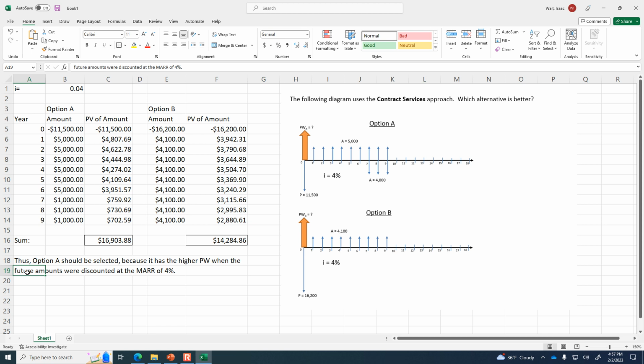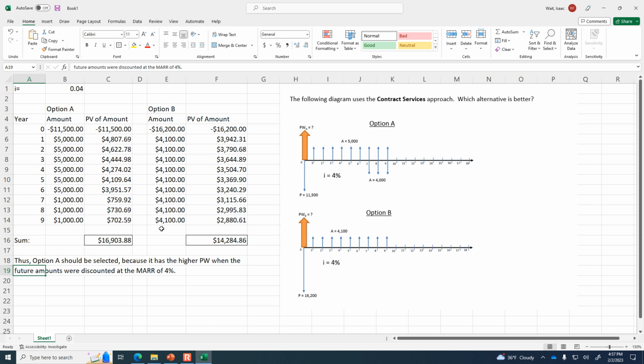And so LCM repeated to make it the same number of years. Contract services lengthened the short one to make it the same number of years. And then the other method that we're going to have, called early termination, will truncate or shorten the longer of the two cash flow diagrams. So we're just trying to make them the same length.